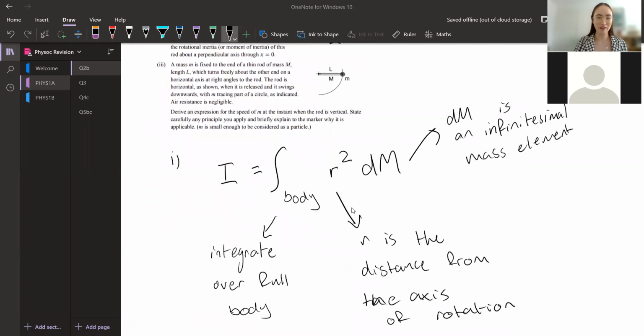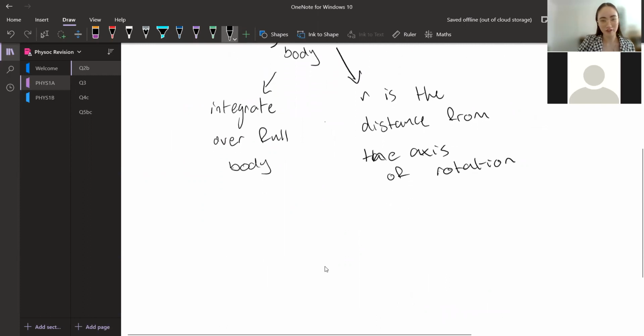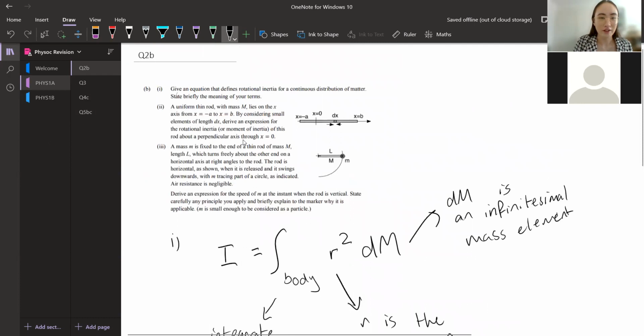All right, so part 2. Now we do an actual question. We've got a uniform thin rod with mass m. It lies on the x-axis from -a to b. And by considering small elements of length dx, derive an expression for the rotational inertia or moment of inertia of this rod about a perpendicular axis through x equals 0.